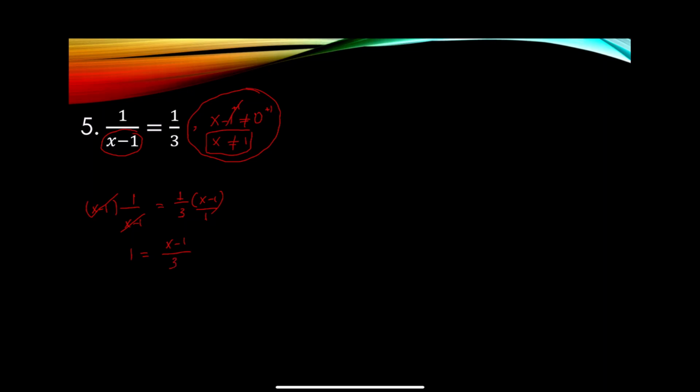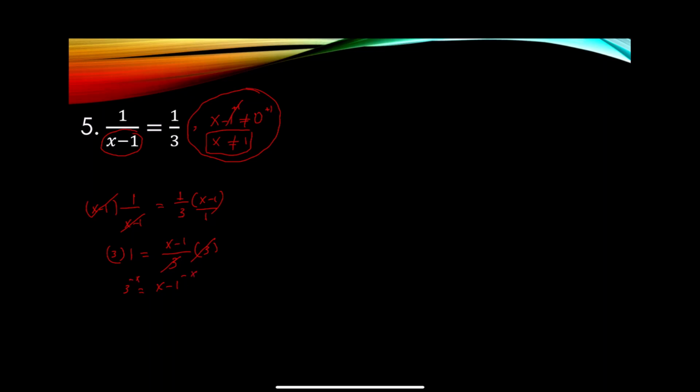Now in order to get rid of the 3, we should multiply both sides with 3. This will be cancelled with this. 1 times 3 is 3 equal x minus 1. Now I prefer to add negative x here and negative x here.